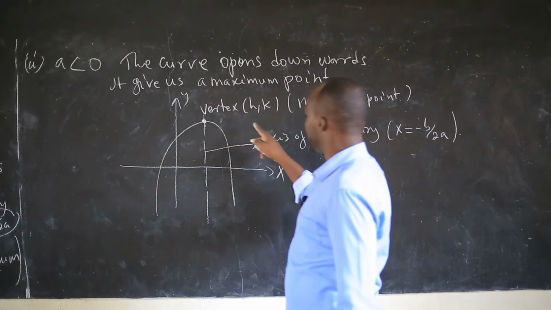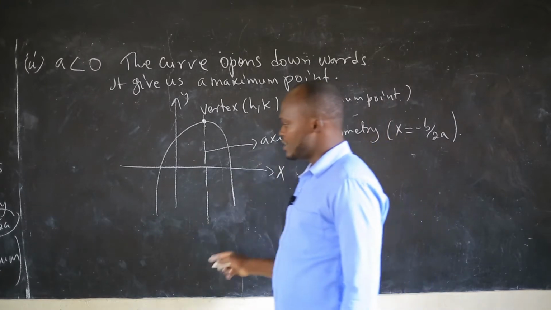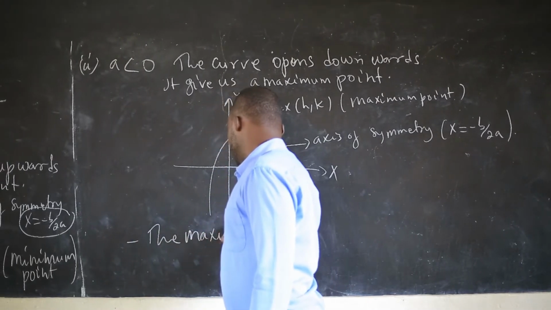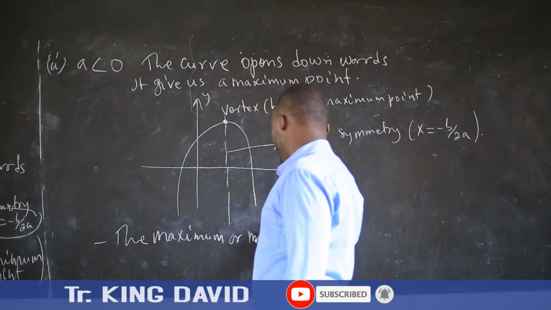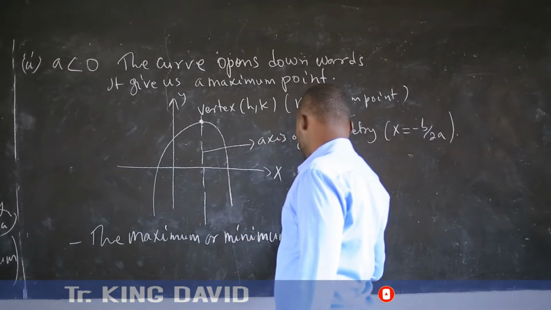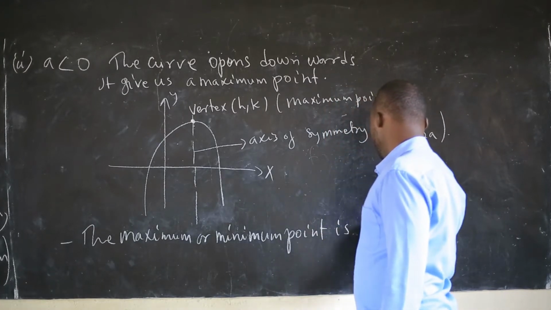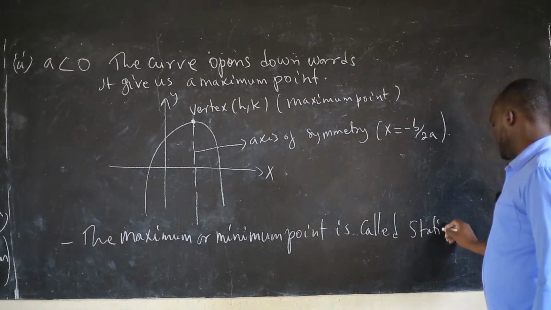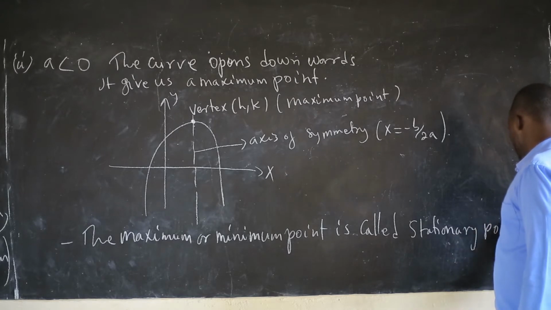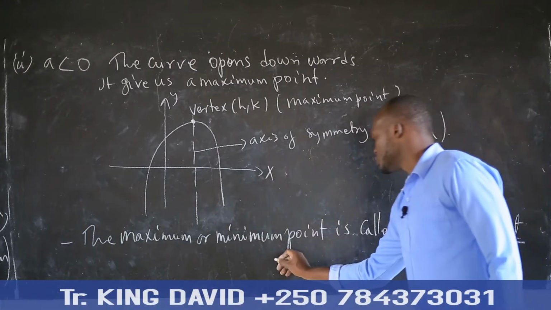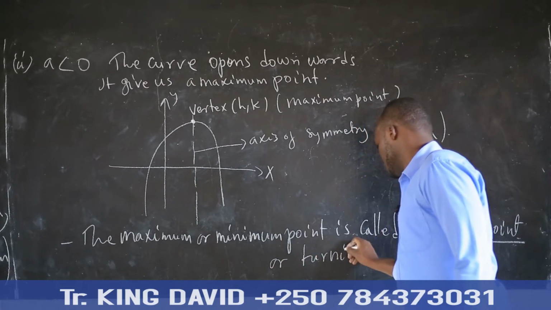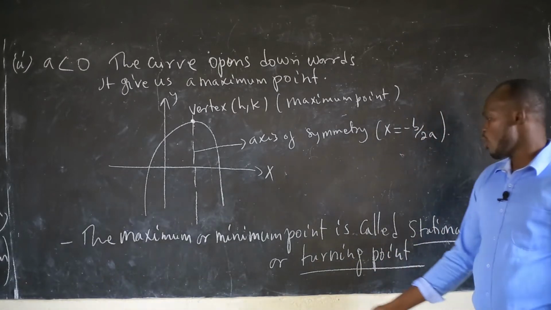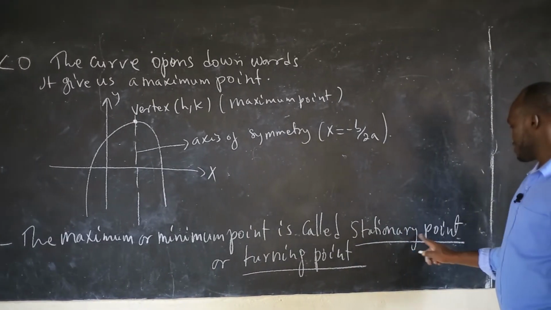The maximum or minimum point is also called a stationary point, or we call it a turning point.